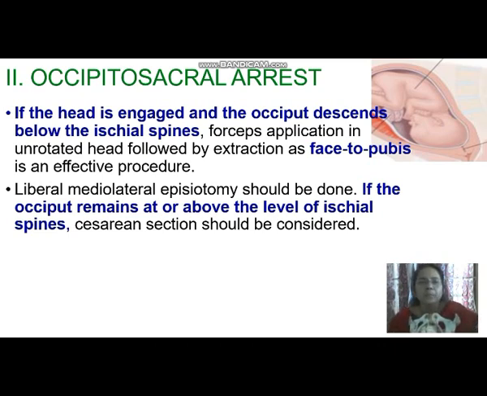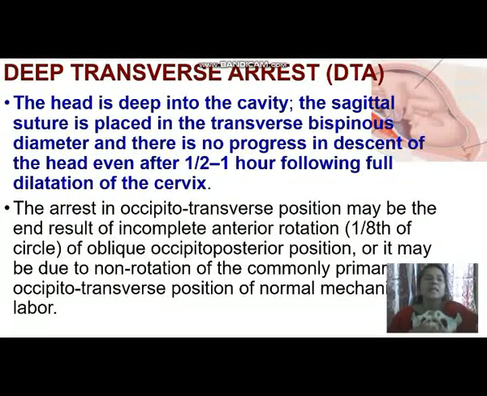Next, we can see the deep transverse arrest. In deep transverse arrest, the head is deep in the cavity, and the sagittal suture is placed in the transverse, bispinous diameter, between the two spines.